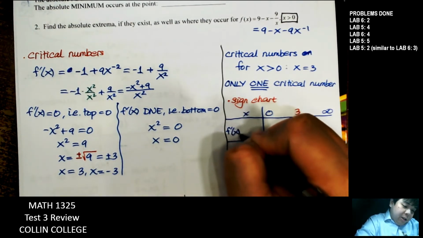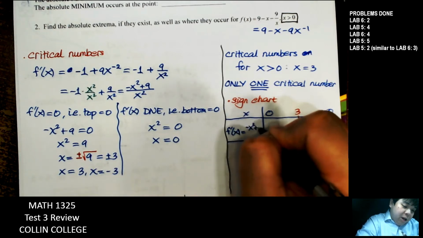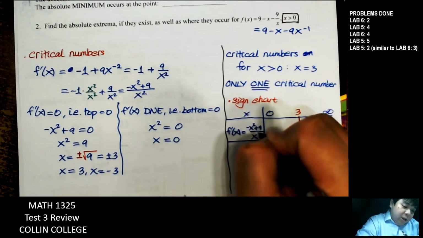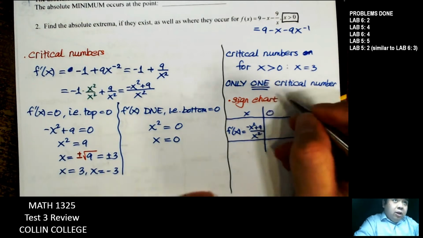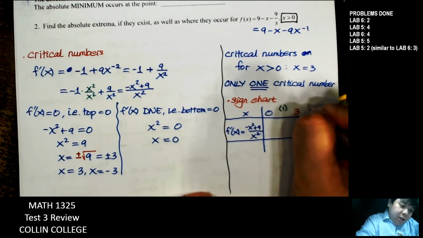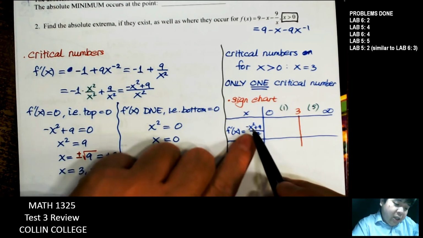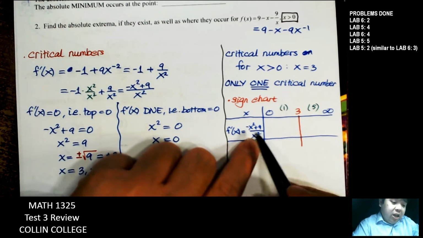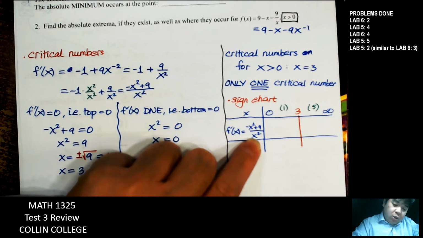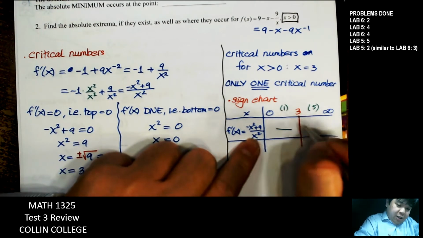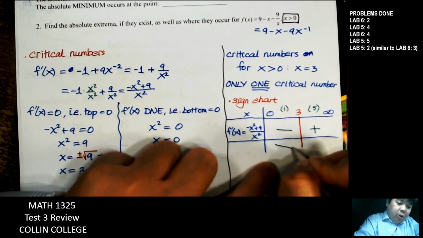For x greater than 0, meaning it goes from 0 to infinity, and 3 will be right there. The derivative is negative x squared plus 9 over x squared. I will choose 1 and then 5.